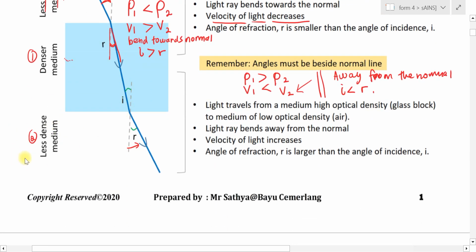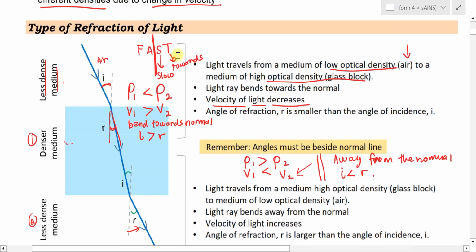Kalau you punya final destination is less dense medium, your velocity is higher. Okay, when your velocity is higher, use your fast technique. So if your ray is moving fast, away from the normal. Okay, very easy technique. Gunakan fast, very easy to solve.